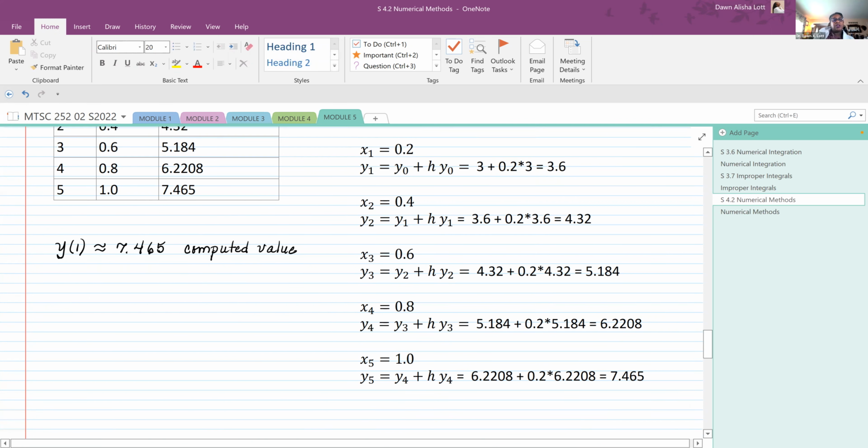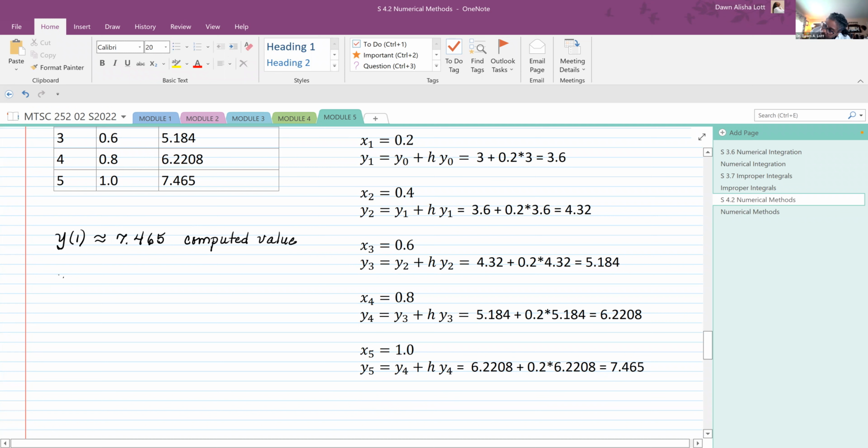Now the solution to the differential equation dy dx is equal to y, where y at 0 is equal to 3. The solution is y of x is equal to 3e to the x.